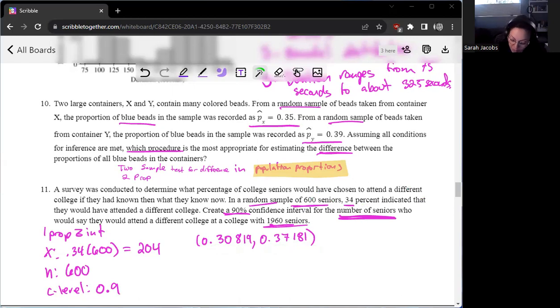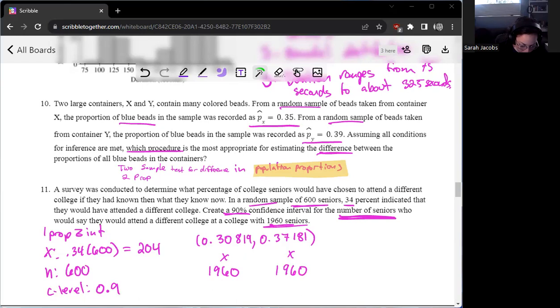We want to know the number of seniors. It's not asking for the proportion. We want to know the number. Since this college in question has 1,960 seniors, we are going to get that interval by multiplying this by 1960 and multiplying the other end of our proportion interval by 1960.